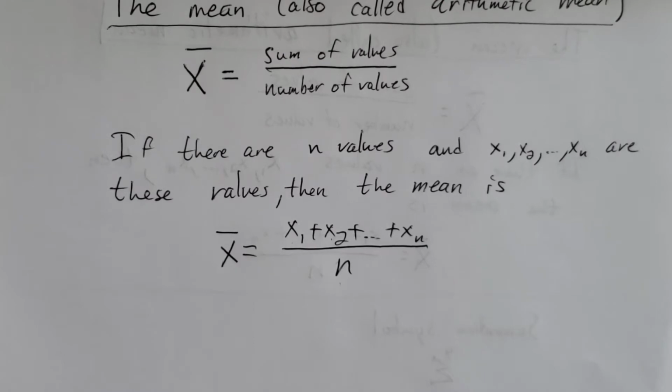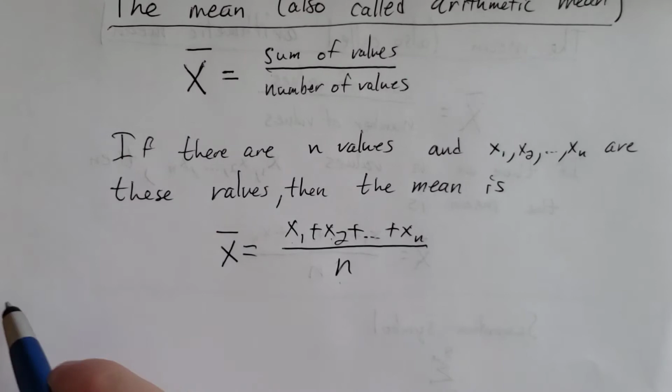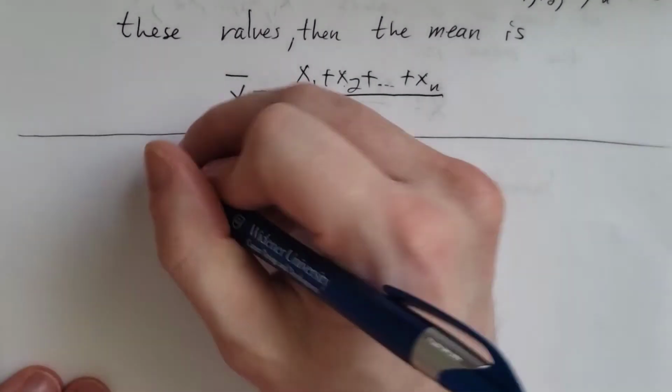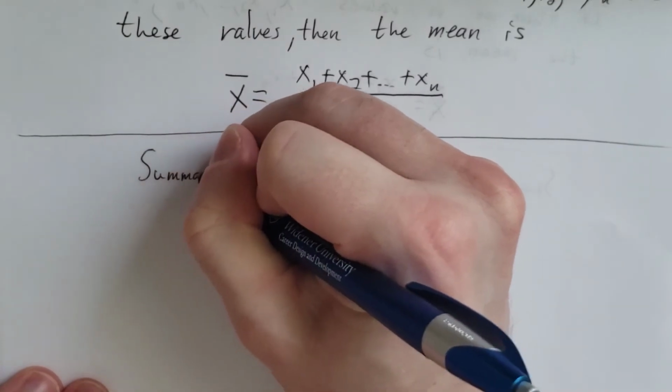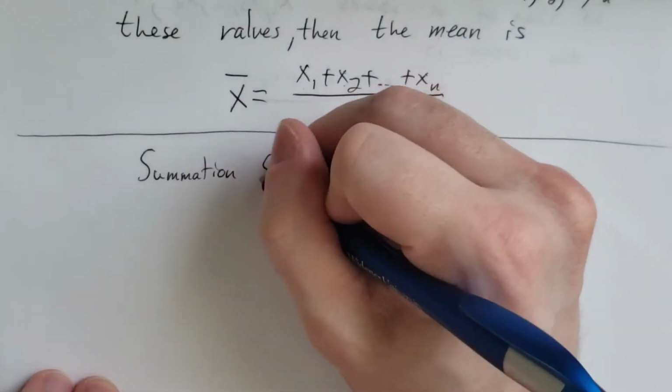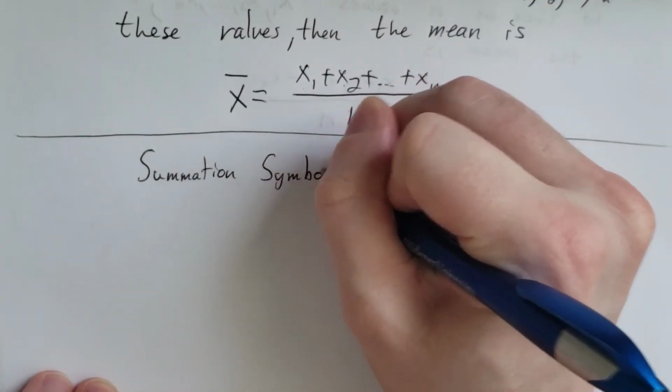Before we do an example, I would like to discuss something called the summation symbol. That's going to give us a nicer way to write out this above formula, and it's something that we will see in several other formulas throughout the rest of the semester.